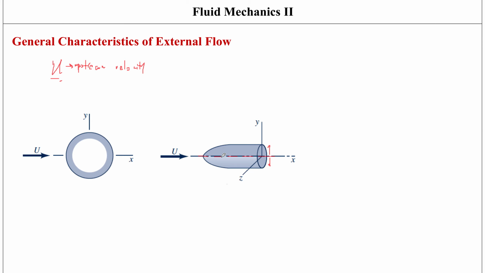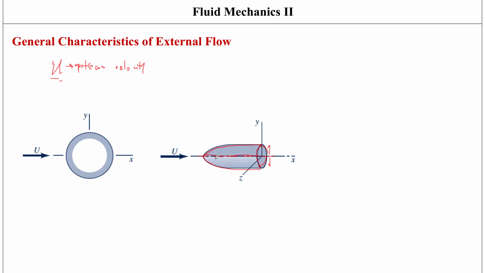So instead of having to analyze this entire object, I can analyze just this half of it. Because I'm applying the condition of axisymmetry here, if I analyze only half of this object, the exact same behavior would be true for the other half as well, right?